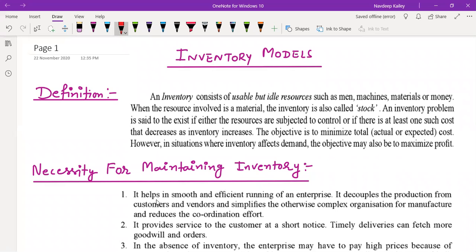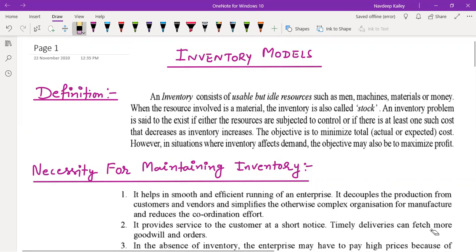The first is it helps in smooth and efficient running of an enterprise. It decouples the production from customers and vendors and simplifies the otherwise complex organization for manufacture and reduces the coordination effect. The other point is it provides service to the customer at short notice.